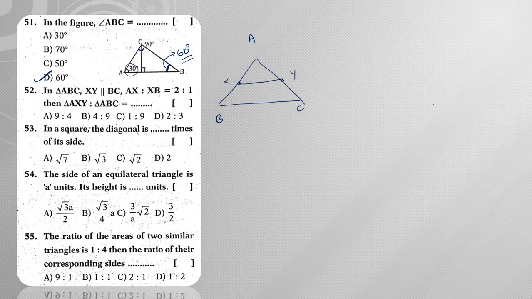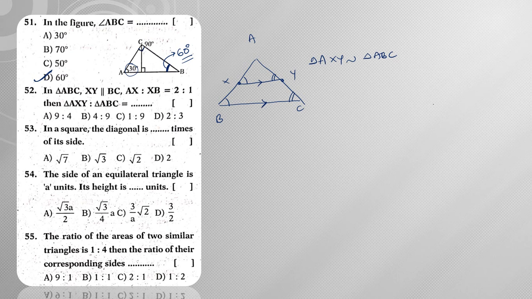When XY is parallel to BC, then we can say that these two angles are equal because AB acts as a transversal. Next, these two angles are equal. Now from this, I can say triangle AXY is similar to triangle ABC. When triangle AXY is similar to triangle ABC, then we can apply the areas and sides concept.